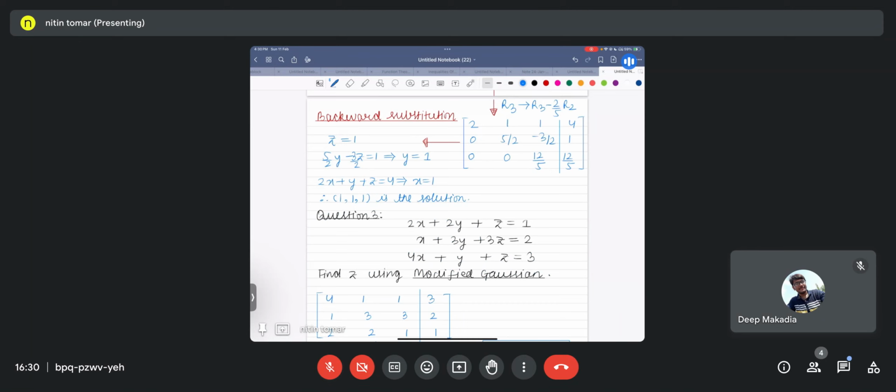What do you think should be the drawback of this modified Gauss elimination method?